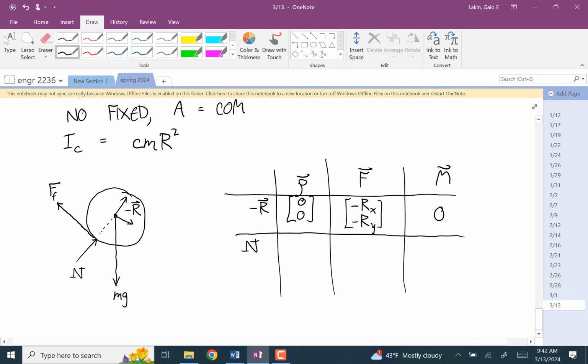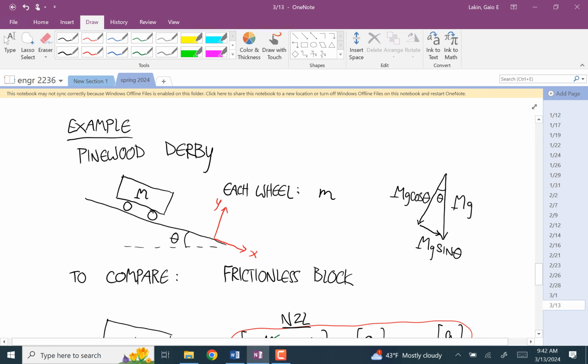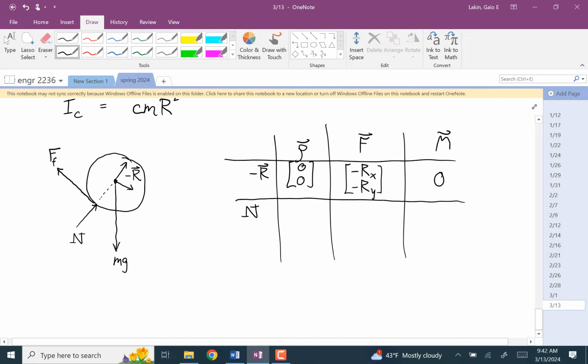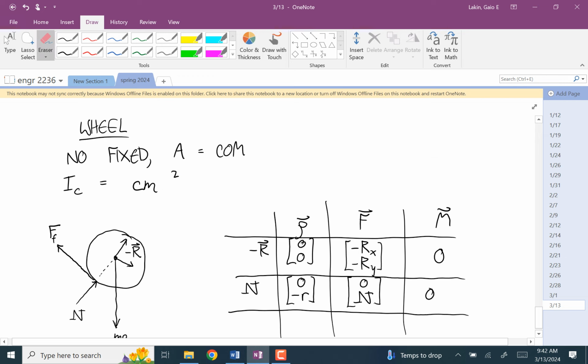The vector from the about point to where that force is applied is, oh man, I have this R here. Well, I'll just call the radius little r. So it's that in the coordinate system. The force is 0, N, and so the cross product is 0. I better make this little r also.